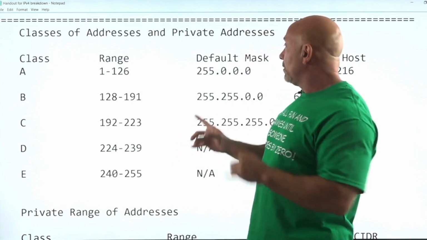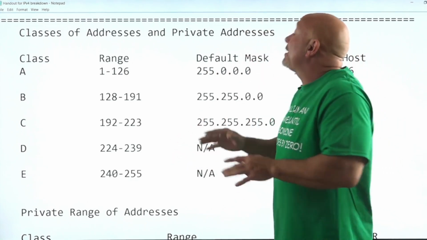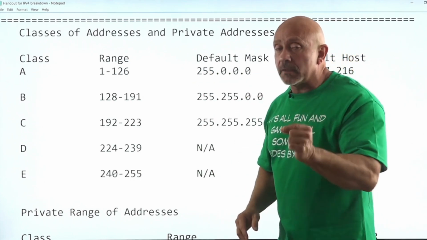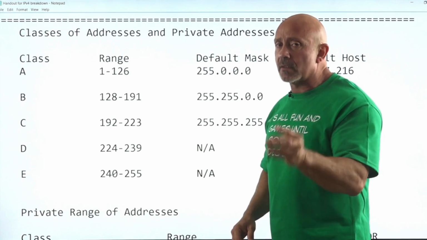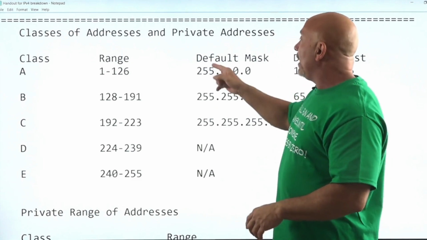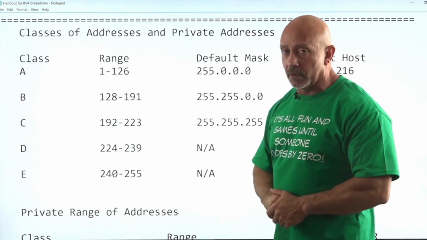The default mask is this. Not necessarily it has to be that. Be careful when answering questions on any Network Plus or CCNA certification. If they ask you for the default mask, then you would say 255.0.0.0.